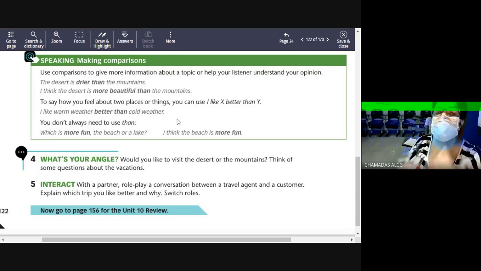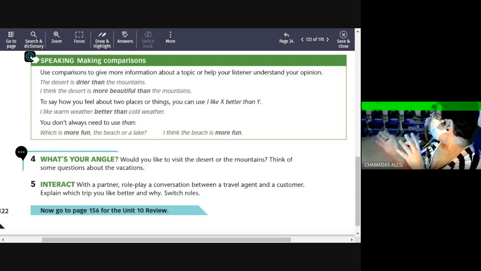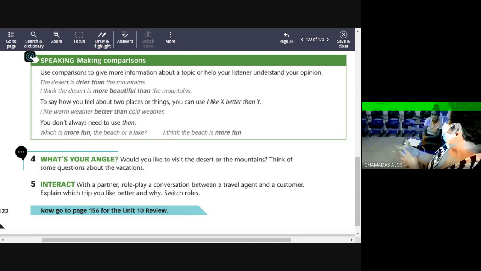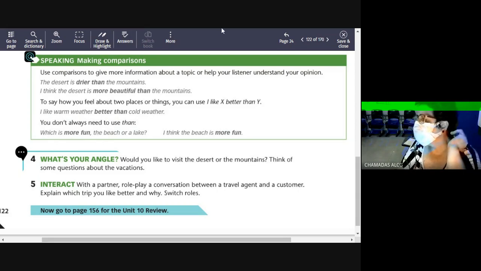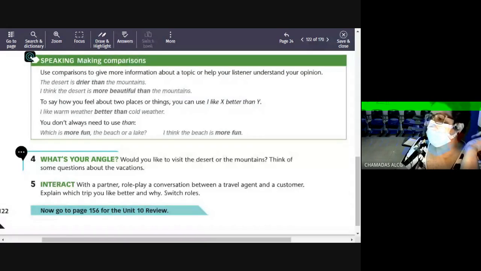So whenever you're traveling, there is always a place you like more than the other, right? So you don't always need to use the word than. Let's see the example. Claudinha, can you read the examples there, please?